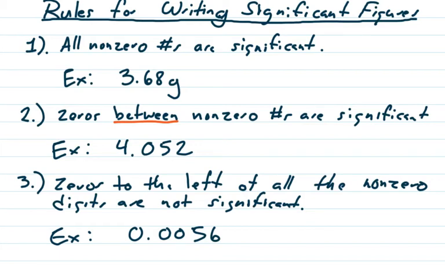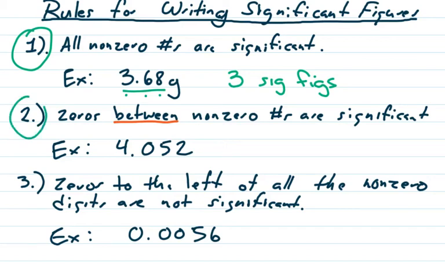There are 5 rules. Rule number 1: all non-zero numbers are significant. So in this example, 3.68 has 3 significant figures or digits, which I'll abbreviate as sig figs, or 3 sig figs. 1, 2, 3.